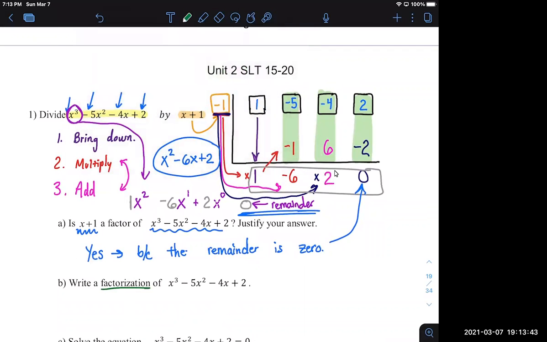To write the factorization, you take this x plus 1 that you were dividing by, put that in parentheses, and then you're multiplying it by your answer, which was the x squared minus 6x plus 2. So that is the factorization of the polynomial. And that only works when the remainder is 0. Because a remainder of 0 tells us that x plus 1 is a factor.